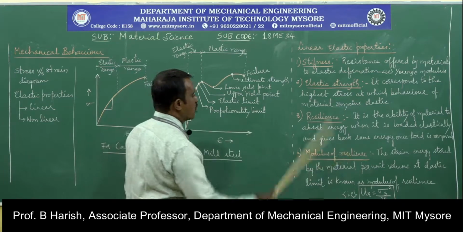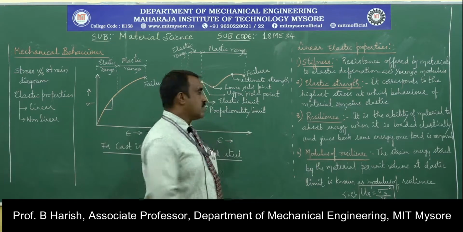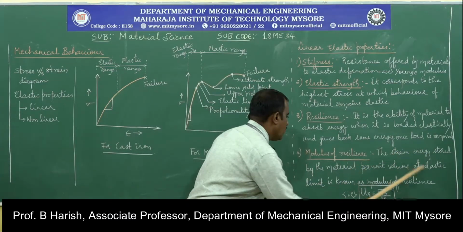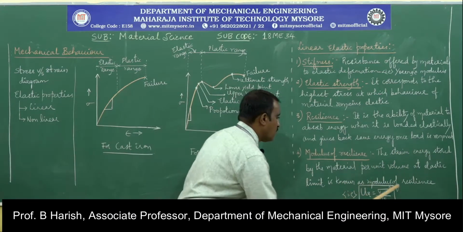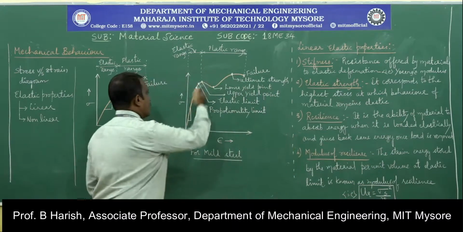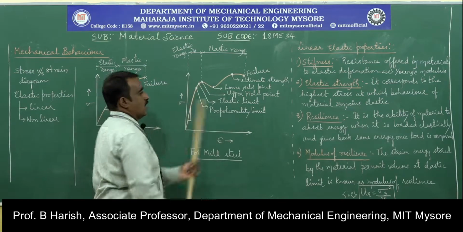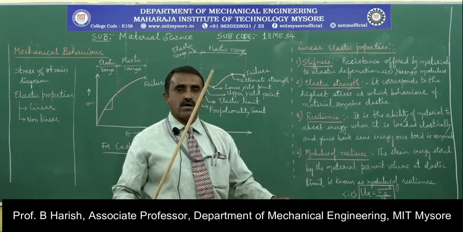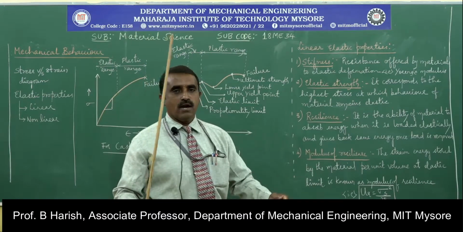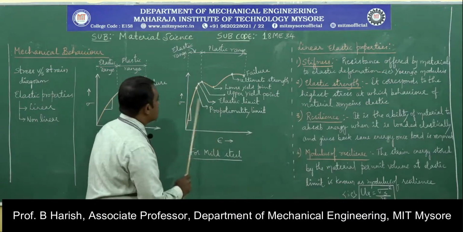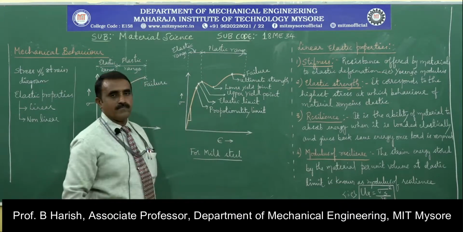Then the fourth one is modulus of resilience. It says that the strain energy stored by the material per unit volume at elastic limit is known as modulus of resilience. Resilience is the maximum amount of energy absorbed in the elastic region. But now I don't want the maximum point; I want the energy absorbed at some intermediate point.